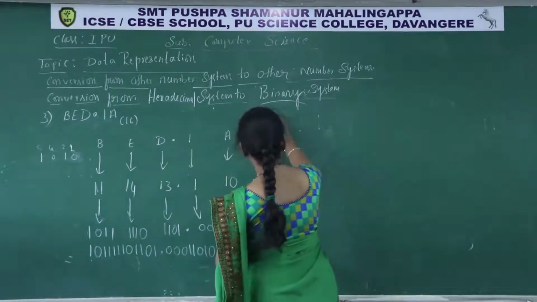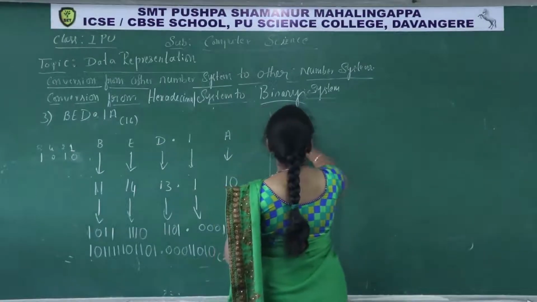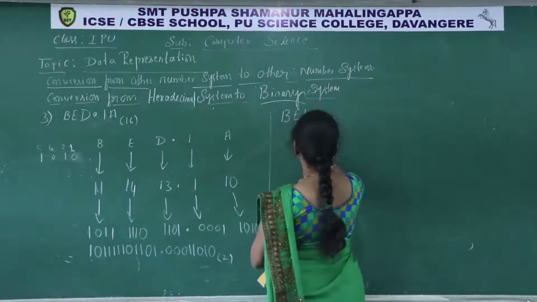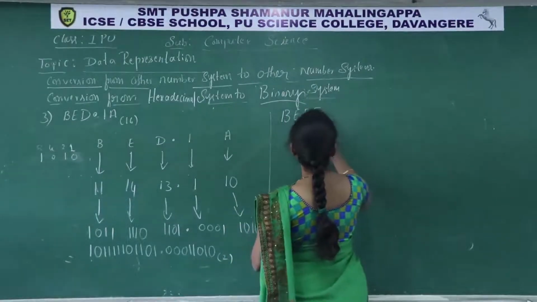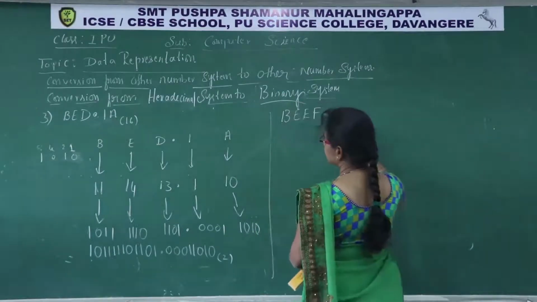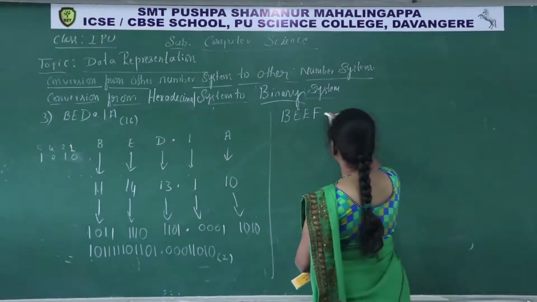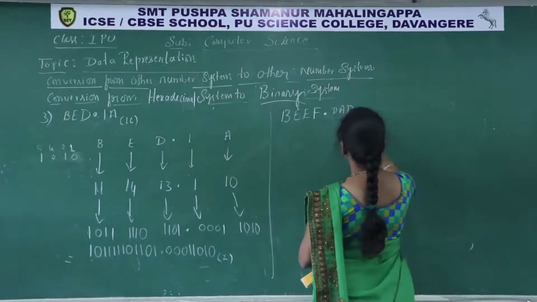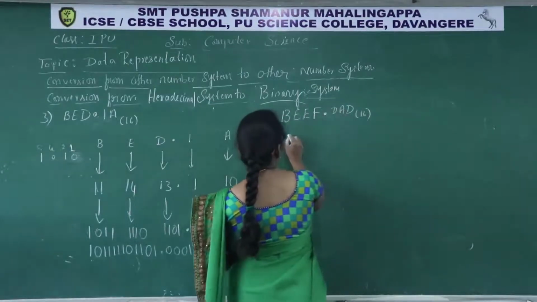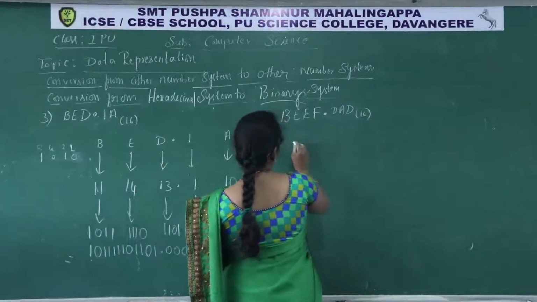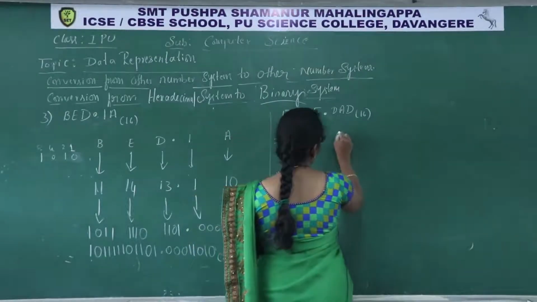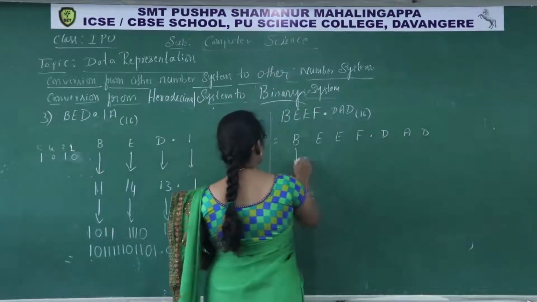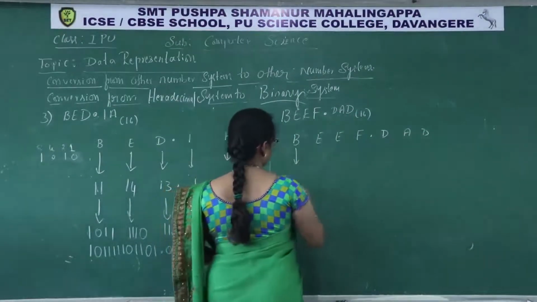Next, BEEF point DAD base 16. What is the decimal equivalent of B? 11.